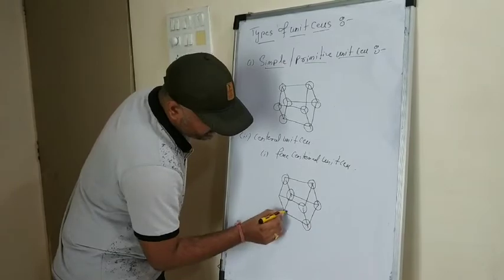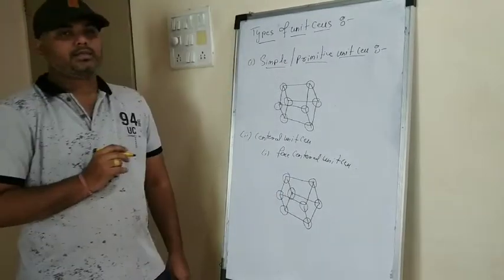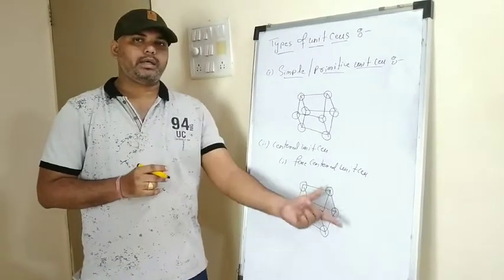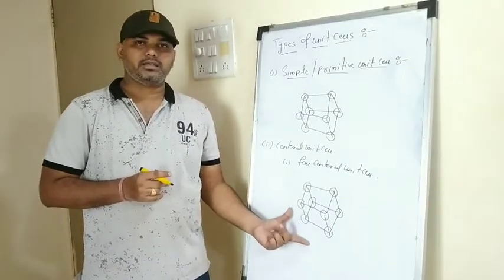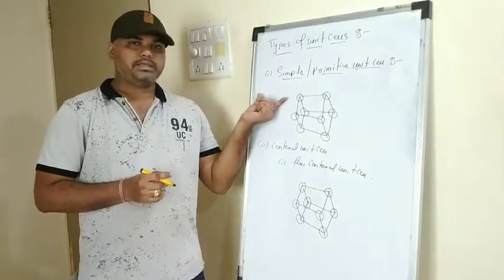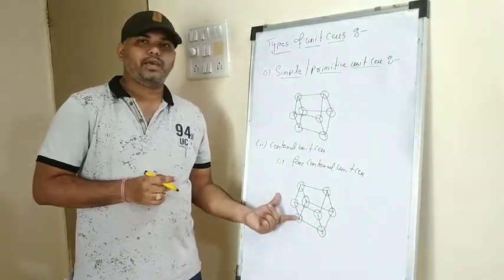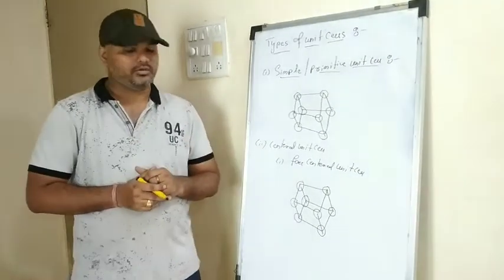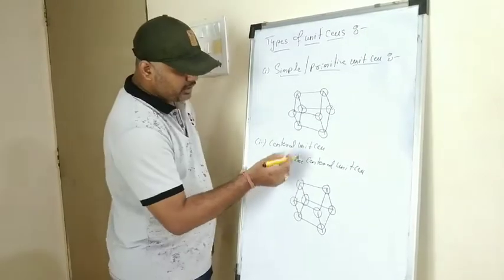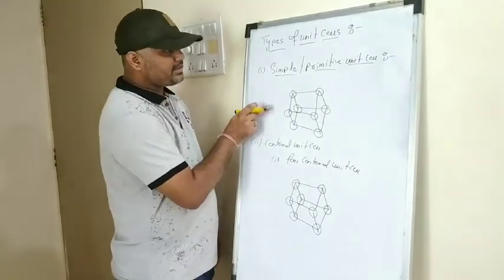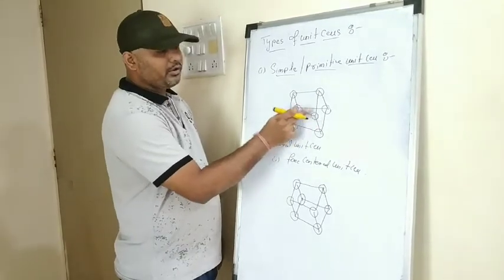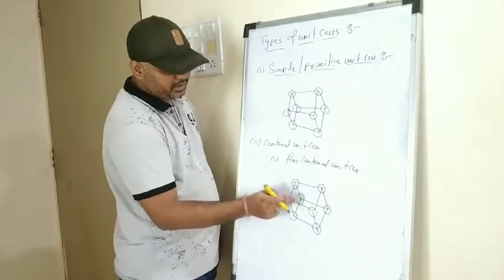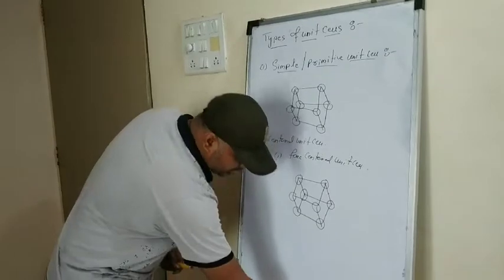So there are 8 constituent particles. See, the basic constituent particles at the corners will be the same for all the cells. It will be the same for simple, for face centered, and for body centered also. Right? Now what is the difference between the face centered and the simple one? Here there is no constituent particle present at the face, but here there will be a constituent particle present at the face.